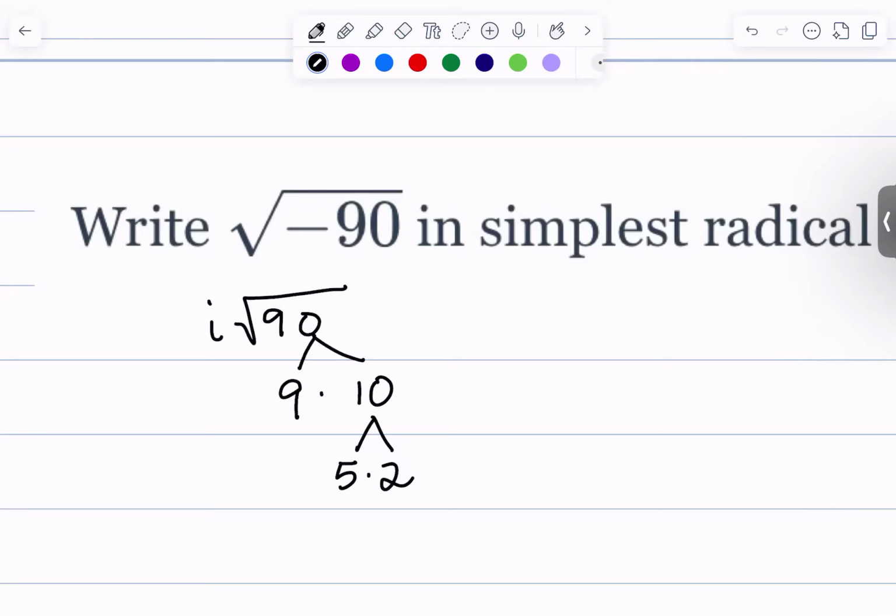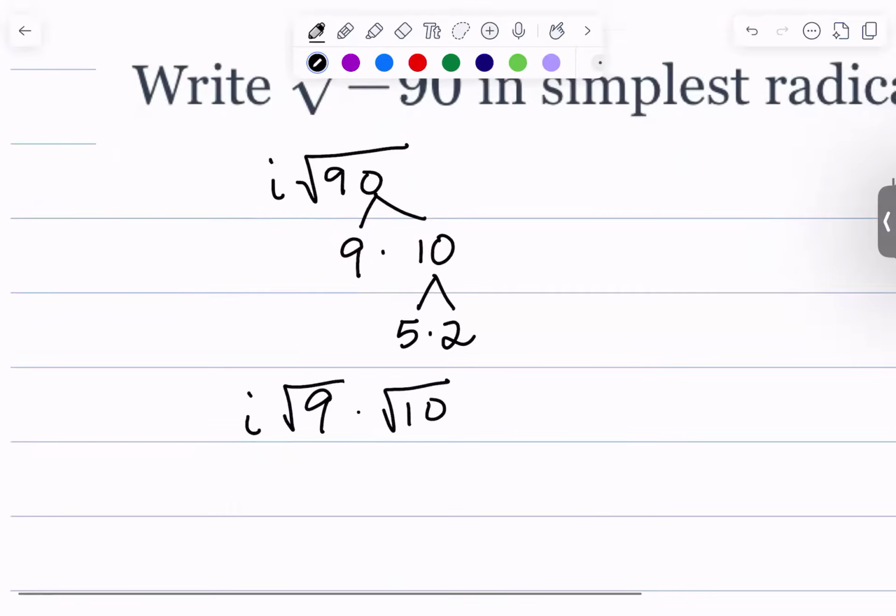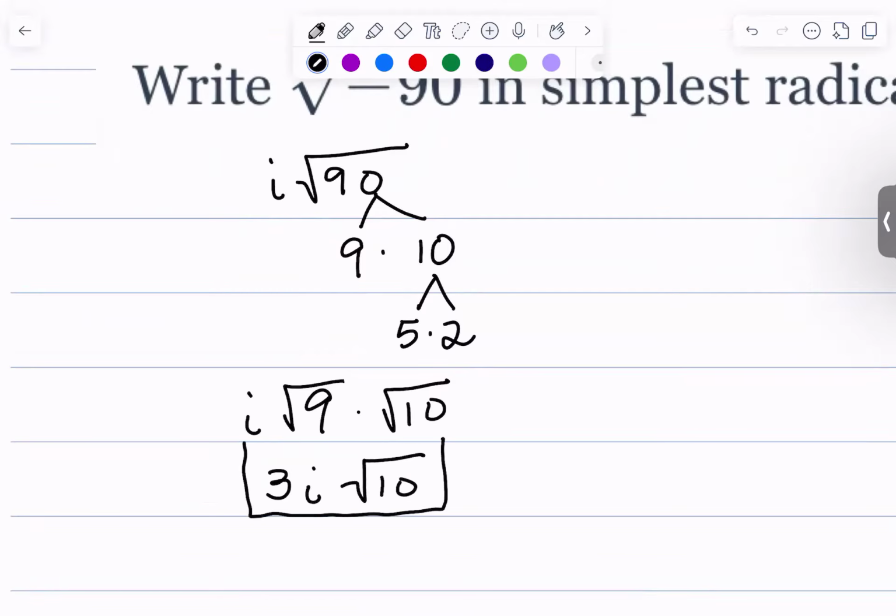So we're going to come back and put square root of 10 anyway. Does that make sense? So once you're done with perfect squares, you're done with the simplification part of it. So this would be i square root of 9 times square root of 10. 9 is 3, so this is 3i square root of 10. Okay.